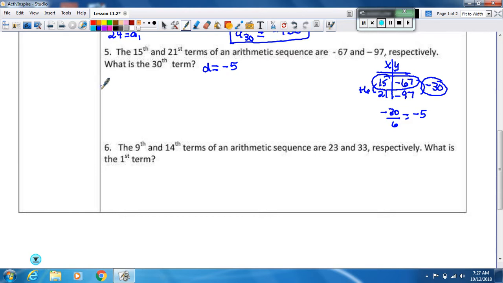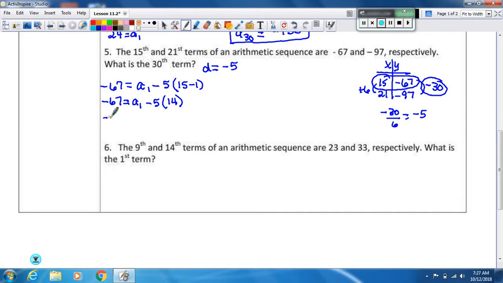So the value, negative 67, equals A1, we don't know, that's what we're trying to find out. The common difference is negative 5. Now the N we do know, we're looking at the 15th term right now, so that's 15 minus 1. So I get negative 67 equals A1 minus 5 times 15 take away 1 is 14.